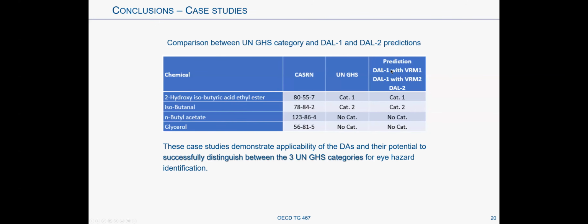And all the different combinations of the DAs resulted in the same prediction. And furthermore, the prediction was the same as the in vivo method. So with those case studies, we can show that the DAs are applicable to distinguish between the three UN GHS categories for eye hazard identification.